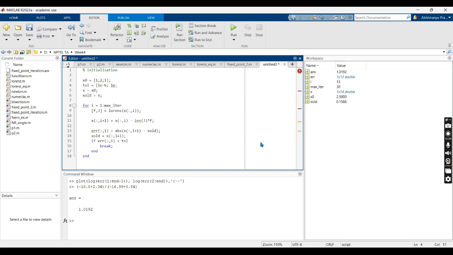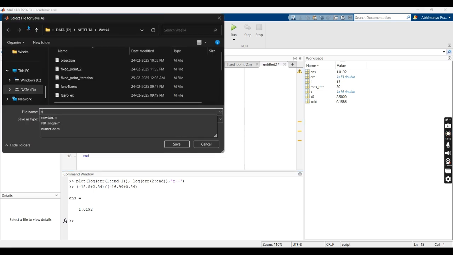So I want every variable to have a difference of less than 1e minus 6. Okay. Yeah, this should probably work.